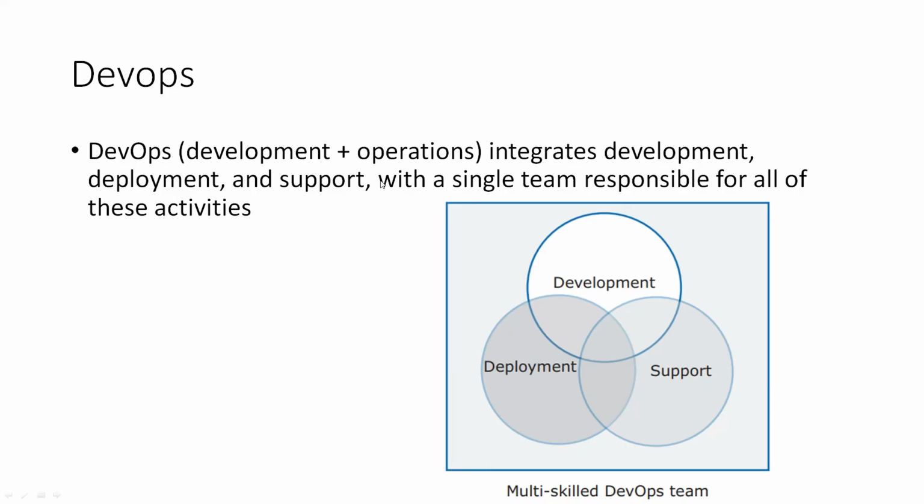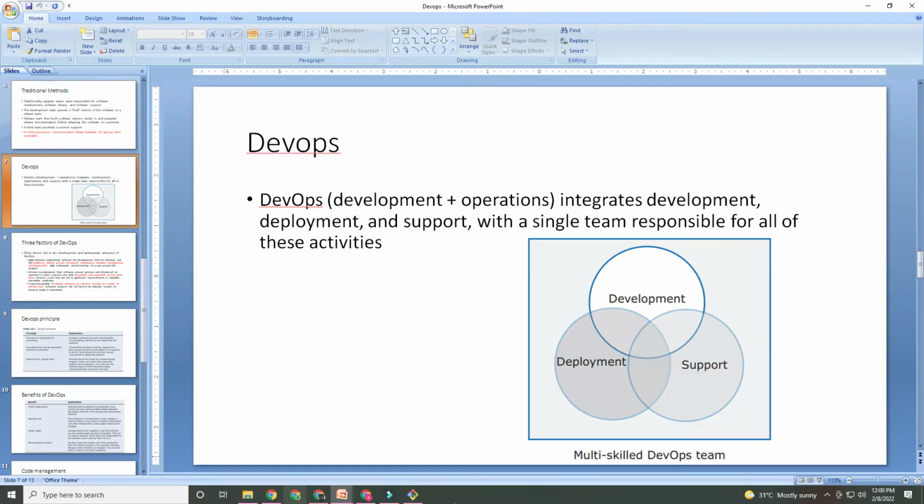DevOps integrates development, deployment and support. All these three will be integrated. That is called DevOps. So how is the automation done? These three things will be automated. Once it is developed, how it is deployed, and from this deployment, how it is supported. Everything will be automated. That is what is called DevOps, right?